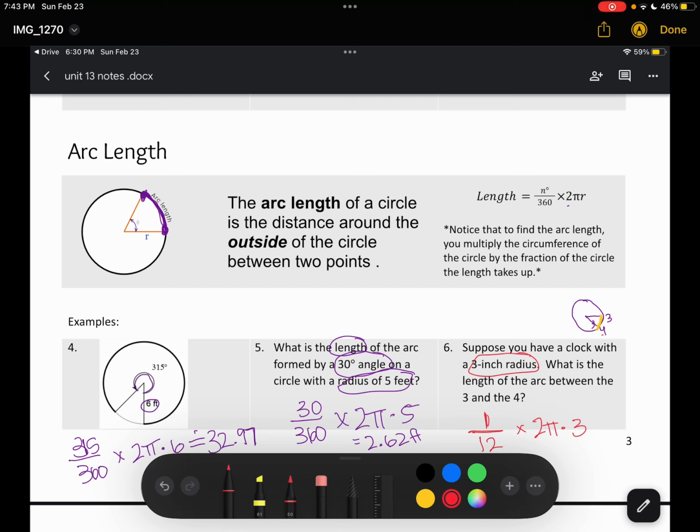So this would be 1 section out of 12 total sections times 2 pi times the radius. So that tells me that the distance between the 3 and the 4 is going to be about 1.57 inches.